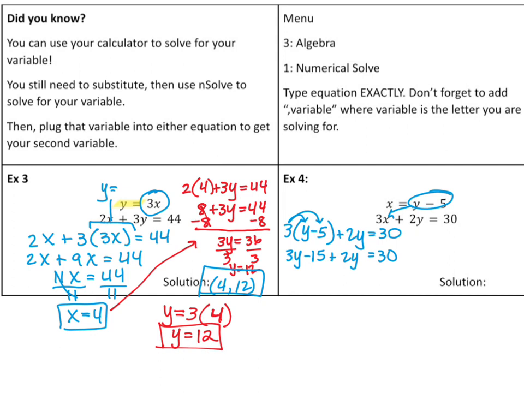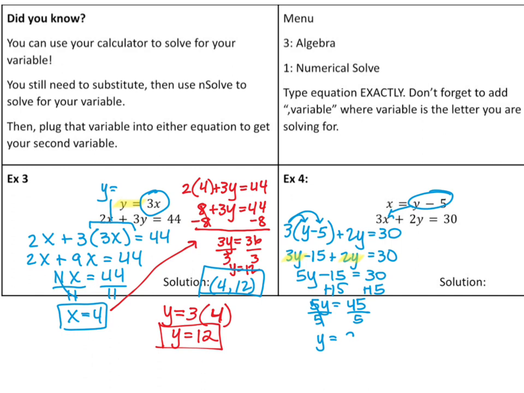From here, I can go ahead and combine my like terms, my 3y and 2y, to get 5y, since both of those are positive. So 5y minus 15 equals 30. I'm going to add 15 to both sides. So 5y equals 45. Divide both sides by 5.